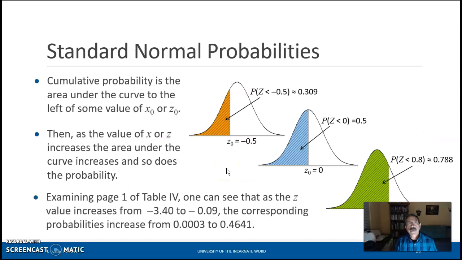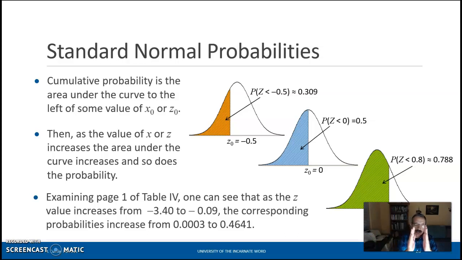All right, so let's continue talking about cumulative probability. The cumulative probability is the area under the curve to the left of some value, x sub 0 or z sub 0, depending on what we're working with. So you can see that as the value of x or z increases, the area under the curve increases.